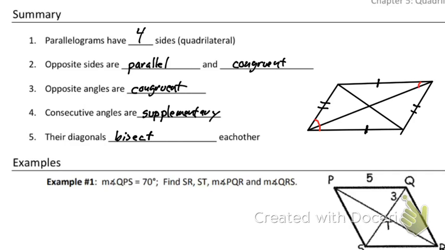So that one, that one, that one, that one. And we should think that our diagonals are bisecting. The only thing I'm missing on this drawing is the most important part.